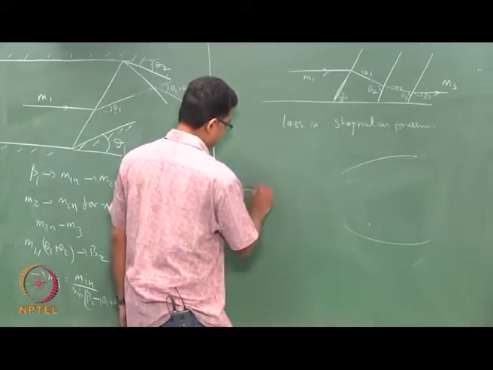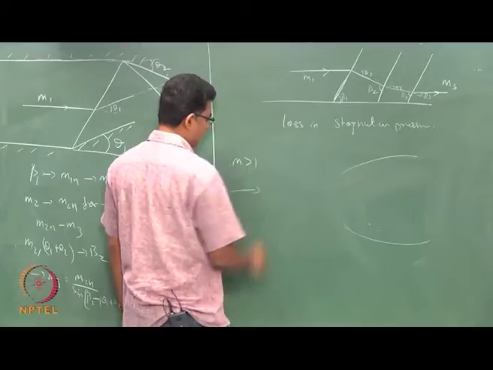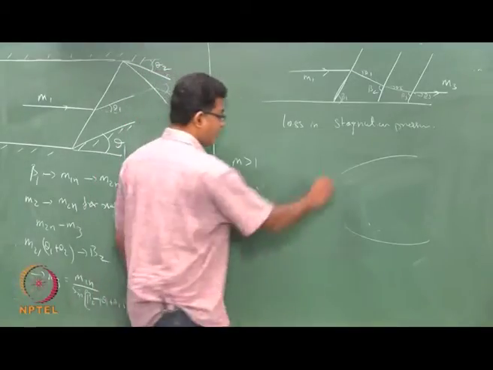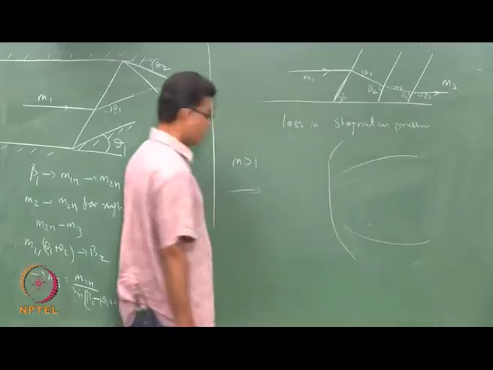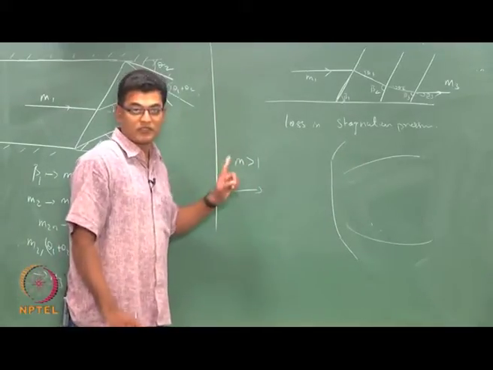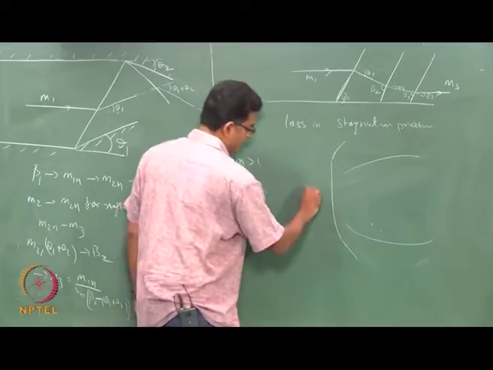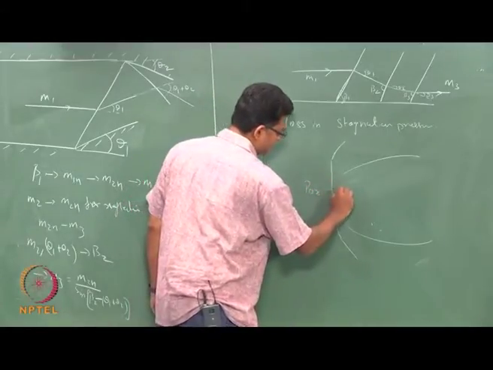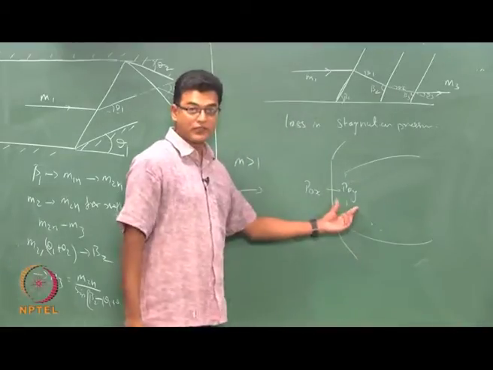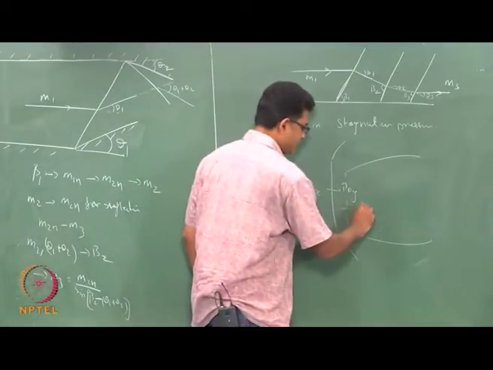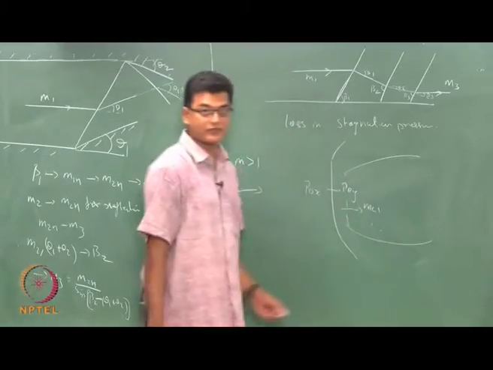So if my oncoming Mach number is greater than 1, there will be a strong shock sitting here. Okay. And this is one single shock. So this would be P0x, which is reduced to P0y, and this Mach number behind the shock would be subsonic, and you have a subsonic flow inside the diffuser.